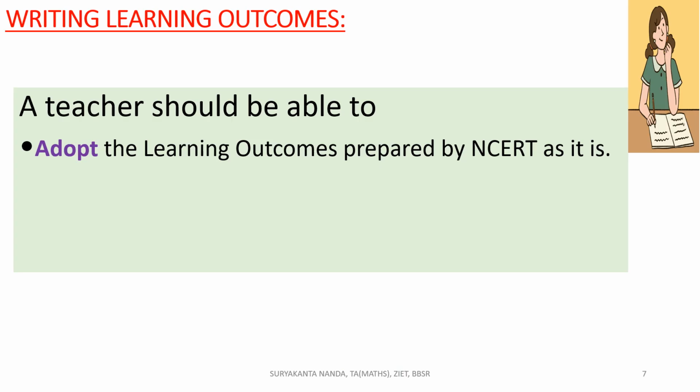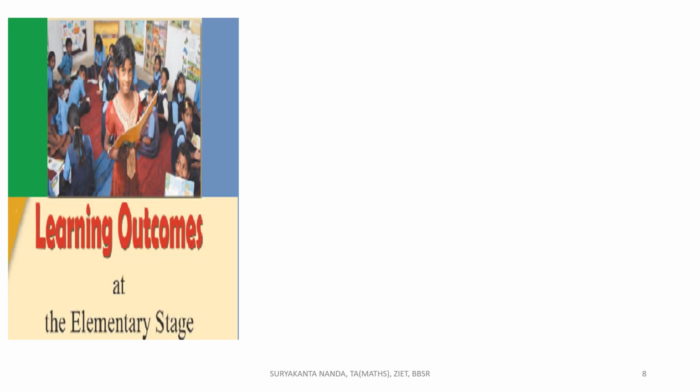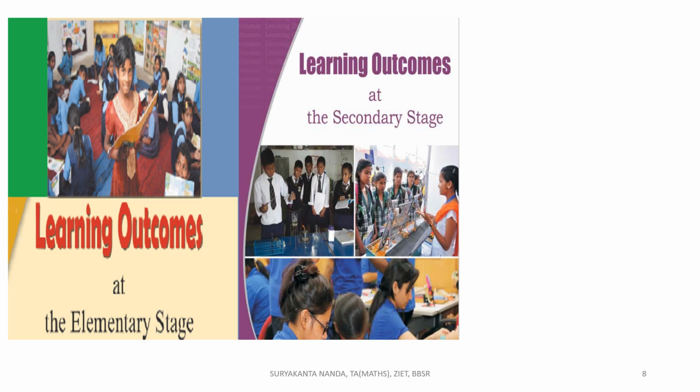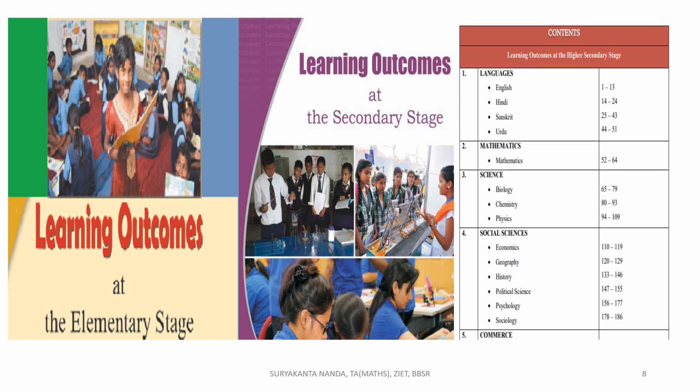Now let us know how to write learning outcomes. A teacher should be able to adopt the learning outcomes prepared by NCERT as they are. In the year 2017, NCERT published learning outcomes at the elementary stage. In the year 2019, learning outcomes at the secondary stage and higher secondary stage.